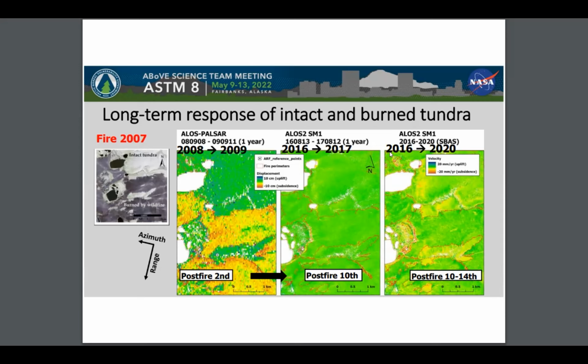If we use a 4-year acquisition of satellite data and conduct time series analysis called SDAS, we see the reverse relationship. Within the intact tundra, we saw larger subsidence, but in the burnt area, we see less subsidence. But we see some thermal subsidence signal in patchy pixels within the burnt area too.